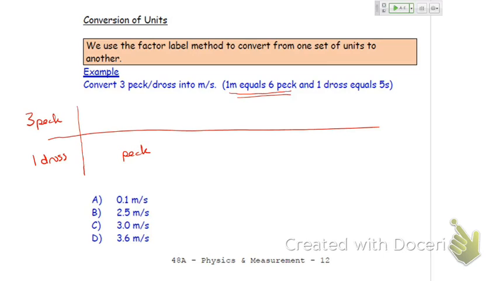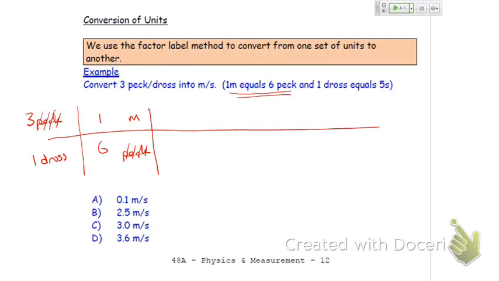That means the meters have to go on top, because I've got to do the ratio one way around. If I've got pecks on top, peck goes on the bottom for my conversion factor. If pecks were on the bottom, pecks would go on top for my conversion factor. And I just read what I say: 1 meter equals 6 peck. And then I go cross, cross, cross, cross, cross, cross, and that's done.